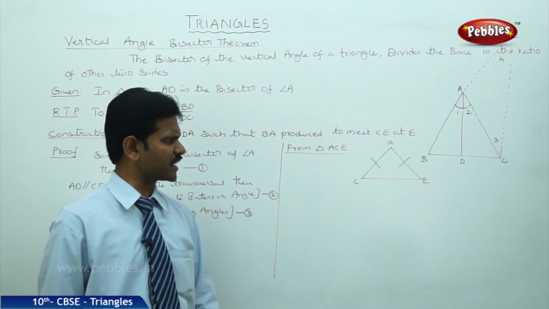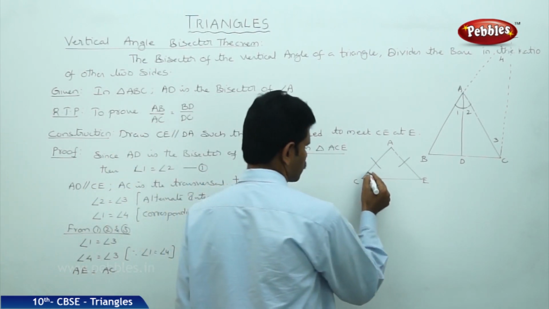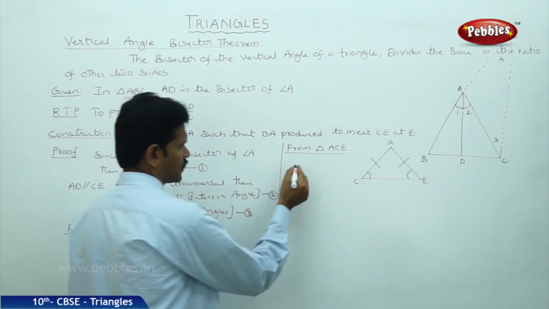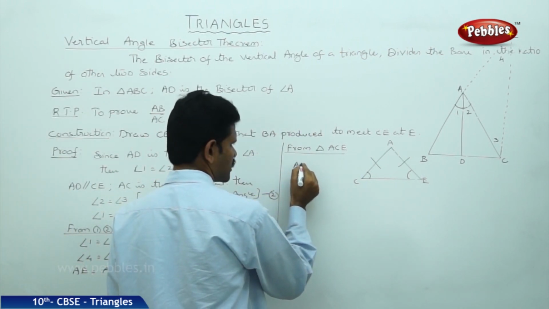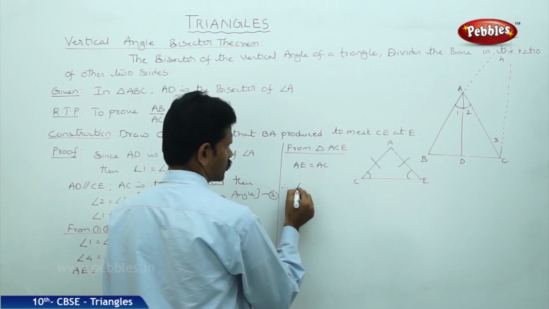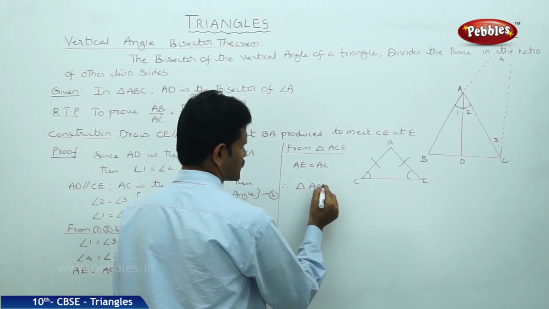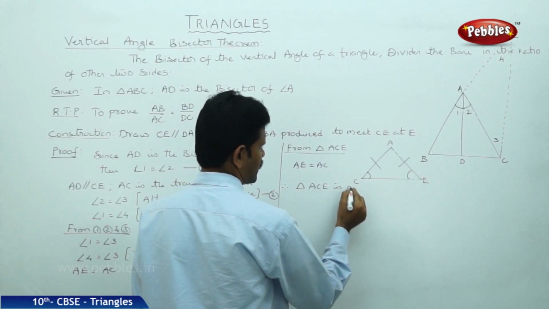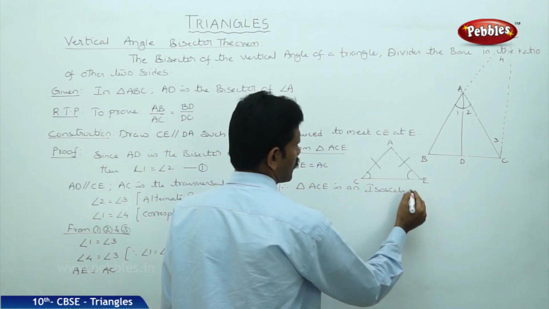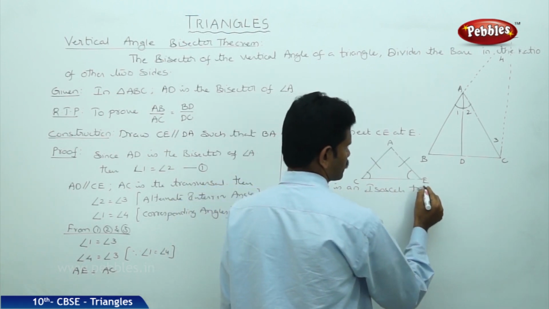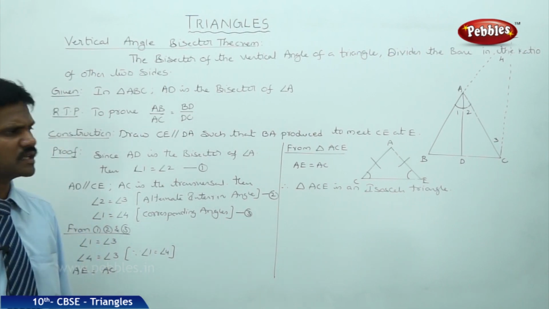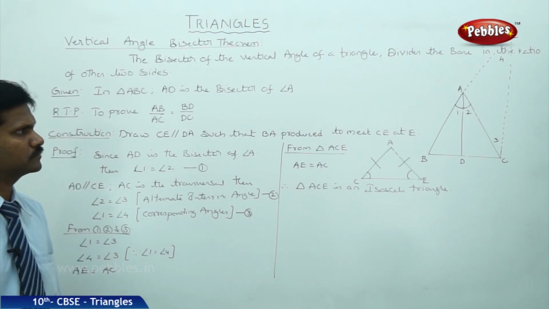In an isosceles triangle, the angles opposite to equal sides are also equal. Here I got that AE is equal to AC. Therefore, triangle ACE is an isosceles triangle.